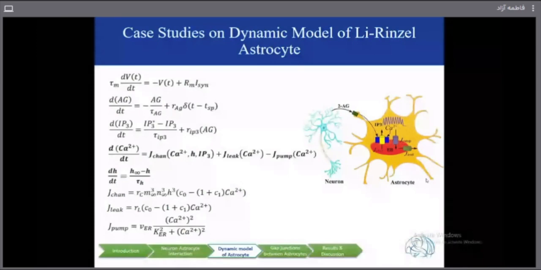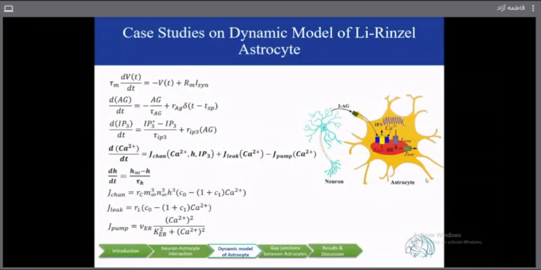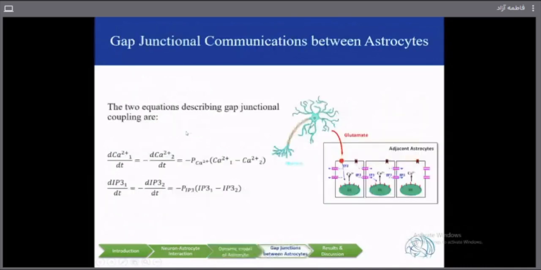IP3 is produced based on this equation. The production of IP3 is influenced by the amount of propagated 2-AG. The production of IP3 within the astrocyte is modeled by this equation, dIP3. R_IP3 is the IP3 production rate.